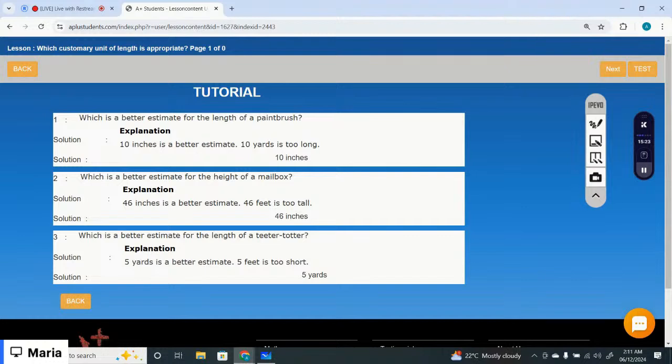Which is a better estimate for the height of a mailbox? So you are given the options 46 inches and 46 feet. That is 46 inches because that is just a mailbox, and 46 feet is too tall. Feet is the unit that is used to measure big things.